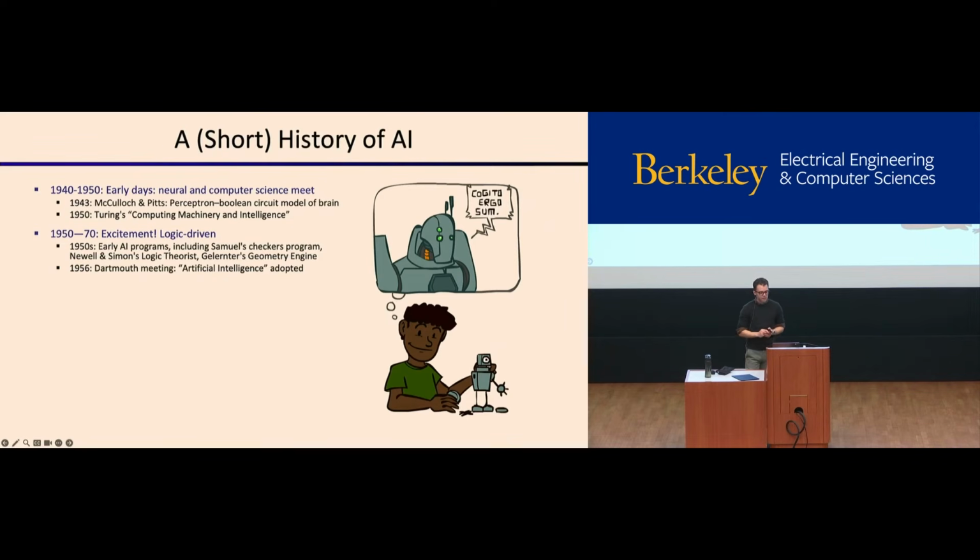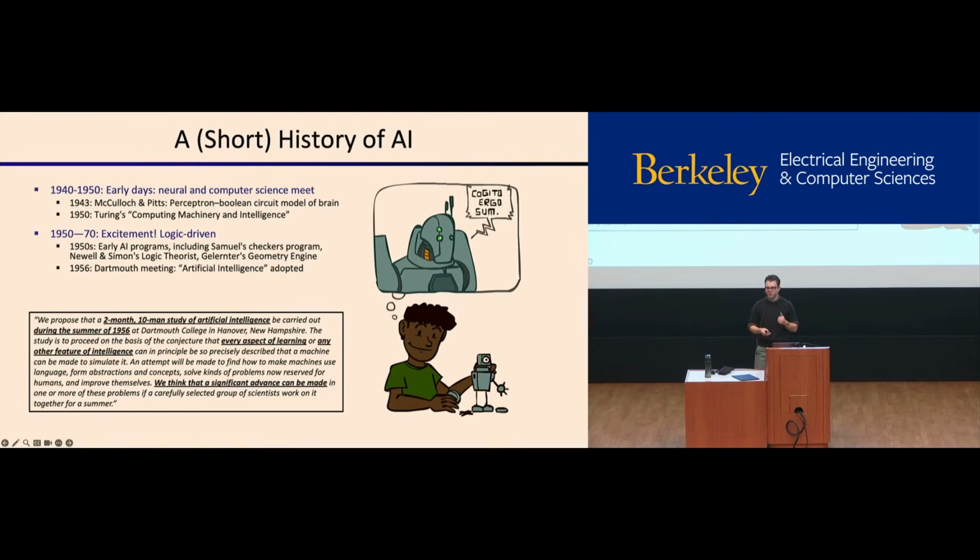And then in 1956, there was this famous Dartmouth meeting where the term artificial intelligence was coined. And this is a great quote. Basically, they thought that they were going to solve all of this in about 2 months, 10 people kind of thing. "We propose that a 2-month, 10-man study of artificial intelligence be carried out during the summer of 1956 at Dartmouth College.